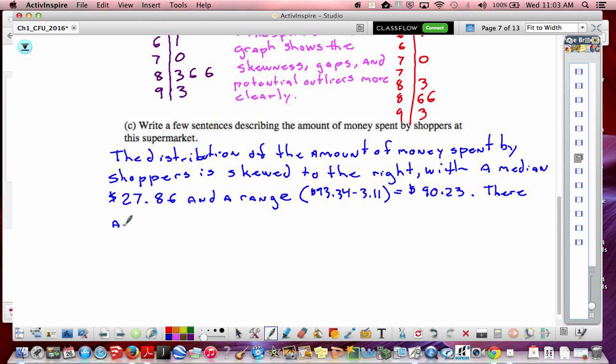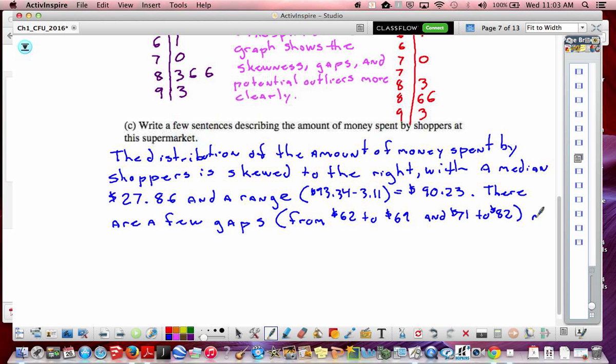Okay? So I'm going to note also there are a few gaps. So from $62 to $69 and $71 to $82 and some potential outliers.